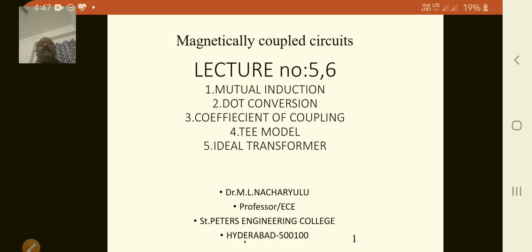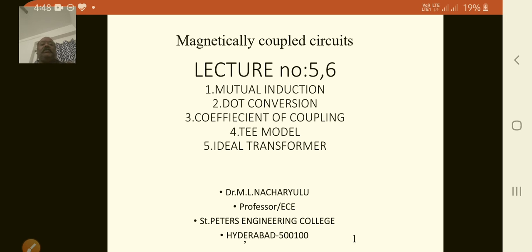How did we get it? L is equivalent to N1 mu1 A1 by l1, like that. Similarly, we took two inductive coils connected in series.